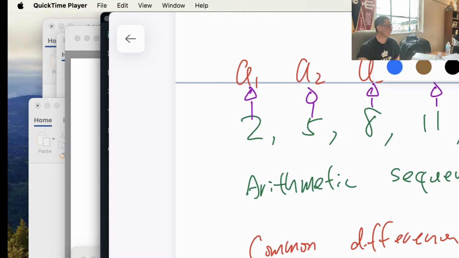Okay, so can you tell me what the 177th tree will be? What will be the mile marker there? Hold on a second. I want to make sure it's correct.